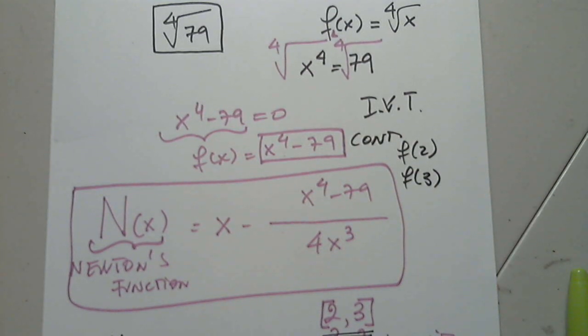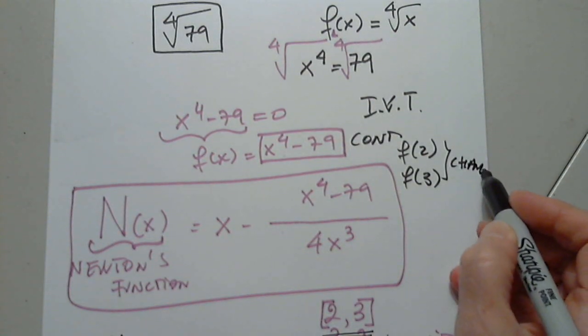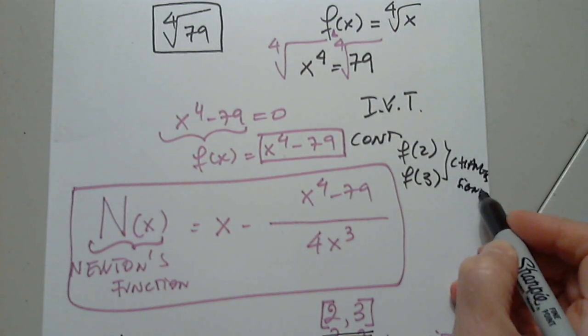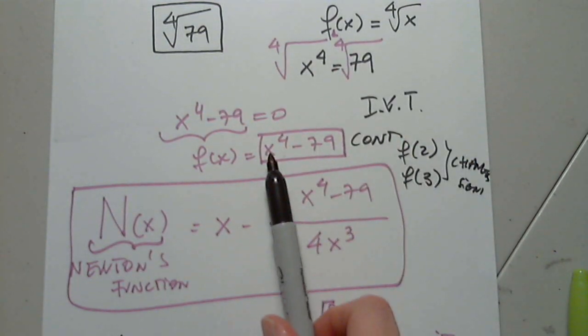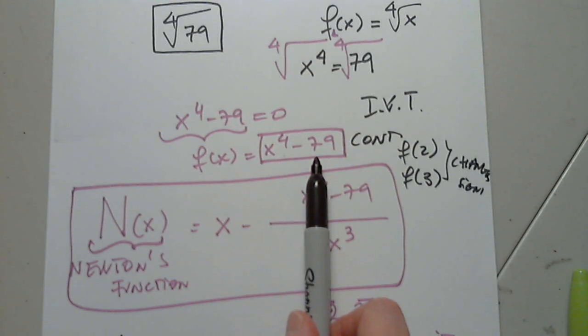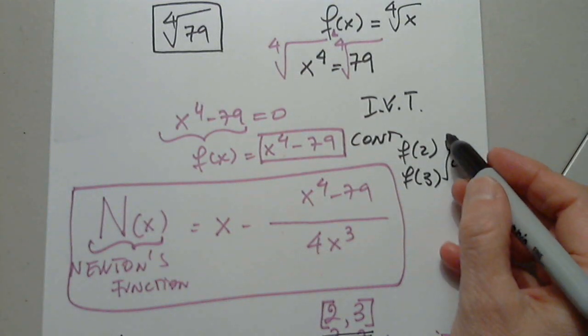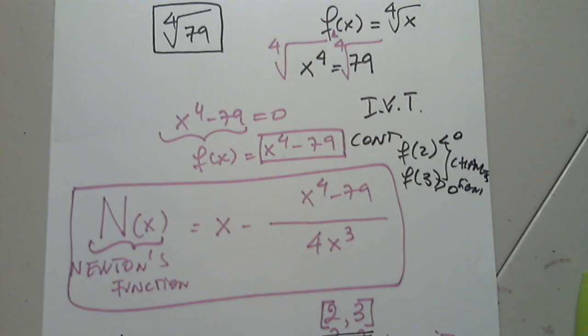I don't know which one is positive and which one is negative, but it doesn't matter. Change the sign. We can determine that. Plug in 2 in this function. So when I plug in 2, 2 to the 4th is 16, so this will be obviously less than 0, and at 3, 81, so this will be positive.